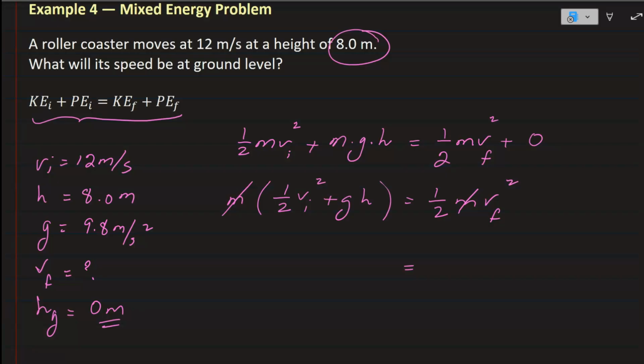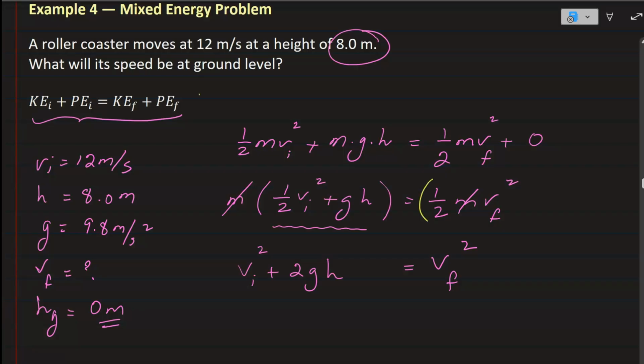We multiply this equation right here by 2. So we get 2 times 1/2, which would be 1, so 1 times v_i squared, and then plus 2 times gh, and that becomes v final squared. We are manipulating this equation, okay? We are multiplying both sides of this equation by 2.